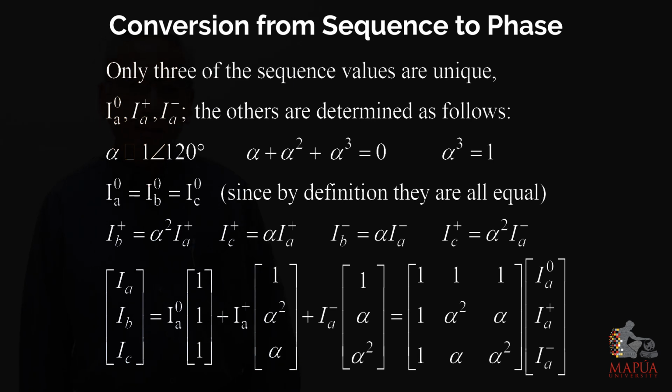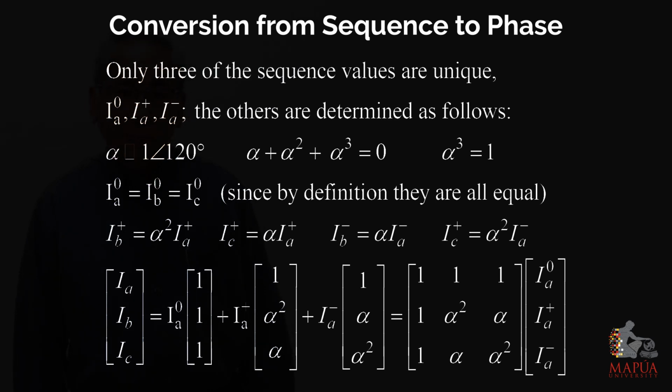So thus, IA0 is equal to IB0 is equal to IC0, since by definition they are all equal. Now, how do we convert from sequence to phase source using the a operator?